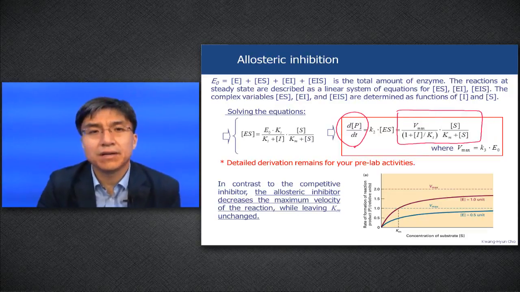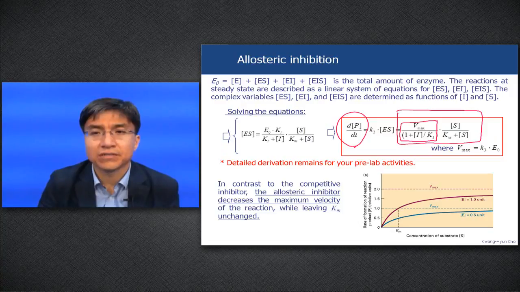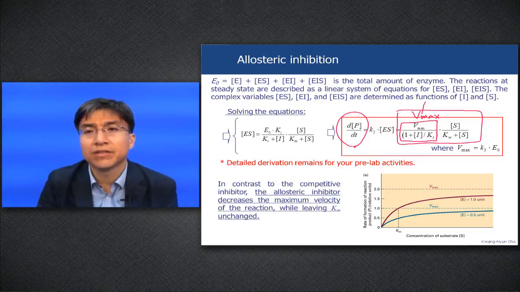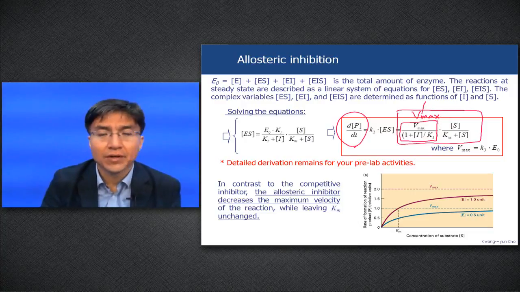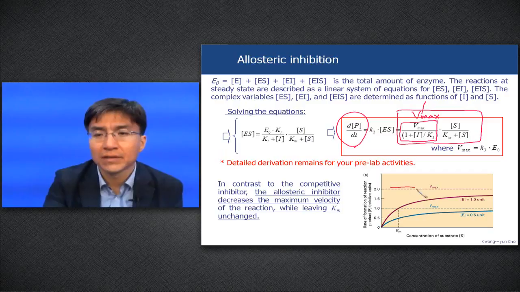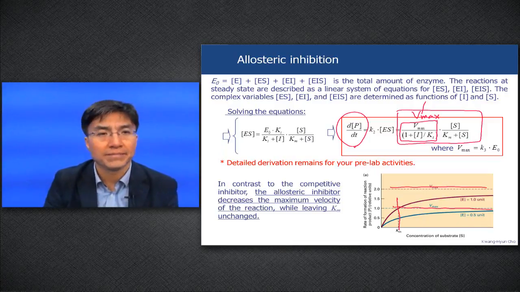Again, this is very similar to the Michaelis-Menten equation. Here, the only difference is the maximum rate of change, Vmax. Vmax has been effectively changed to this Vmax prime. So you can imagine that in this case, the curves have a different level of maximum point, but with the same speed here, because Km is all the same.